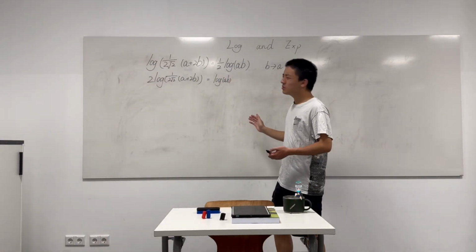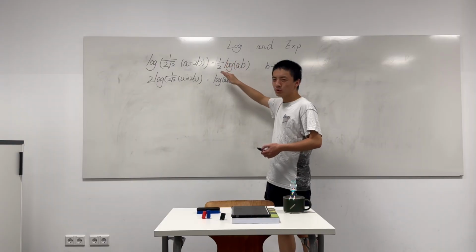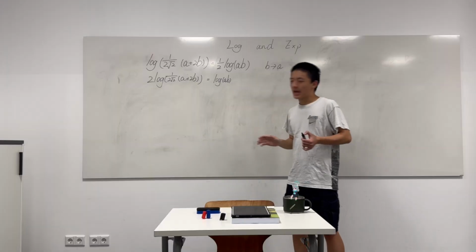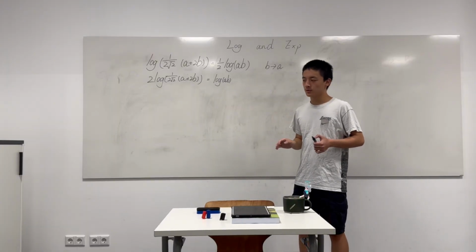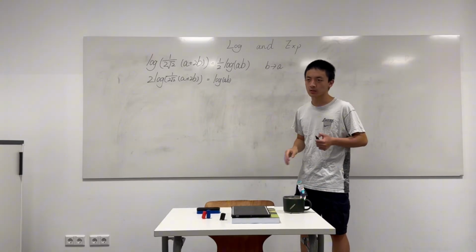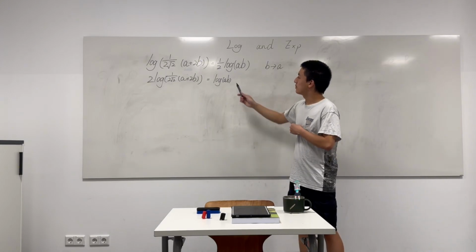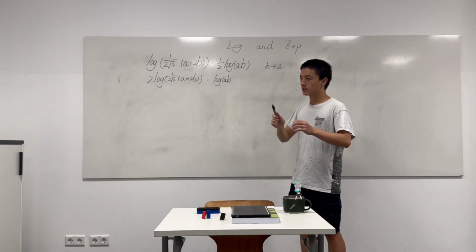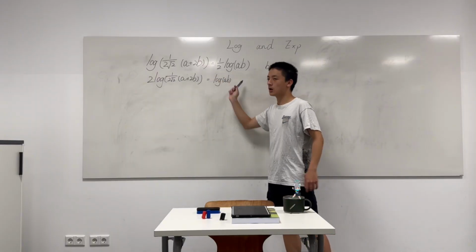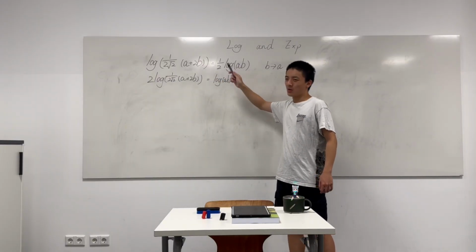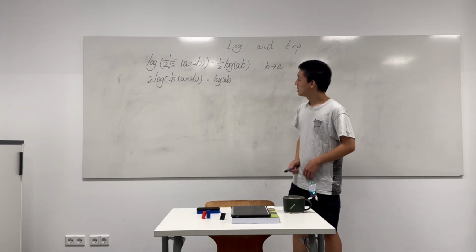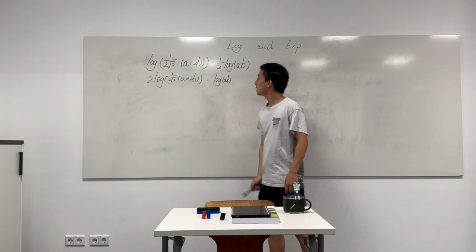You can keep 1 over 2 here, but if you have an equation, try to let the fraction disappear. For example, in this case, if we use 10 to the power of something to cancel the log, then this side you have 1 over 2, which means square root. It's not convenient. So that's why I do this step.